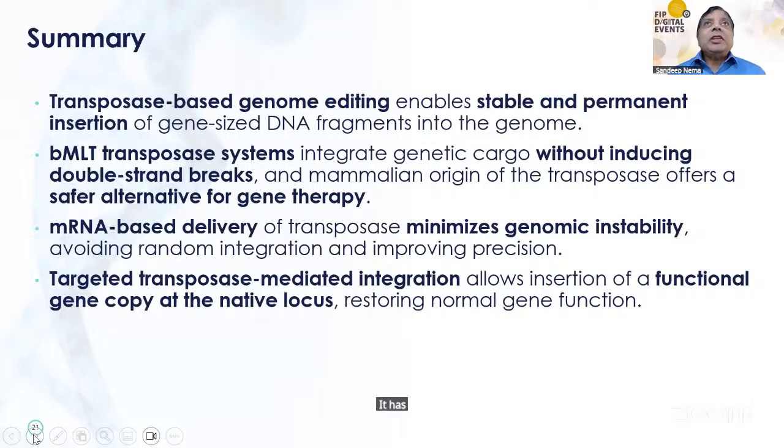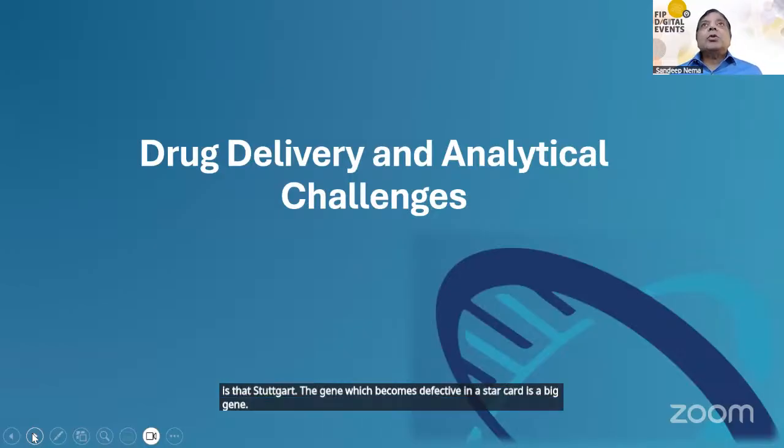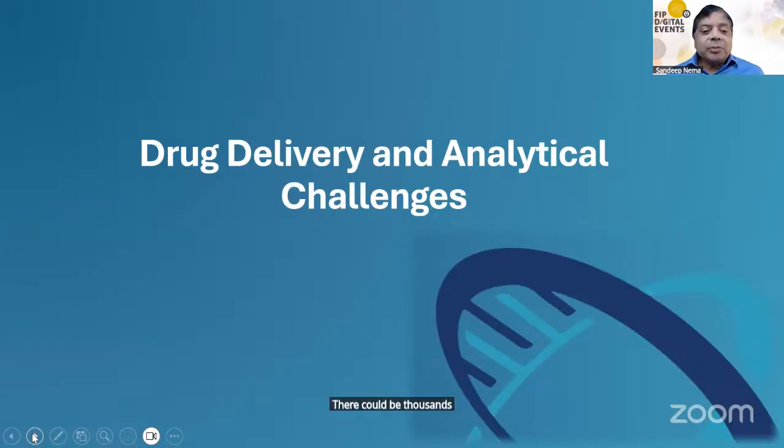So just briefly, what Subru stated, and I wanted to provide a little bit more color to that, is that the gene which becomes defective in Stargardt is a big gene. There could be a thousand mutations in there.